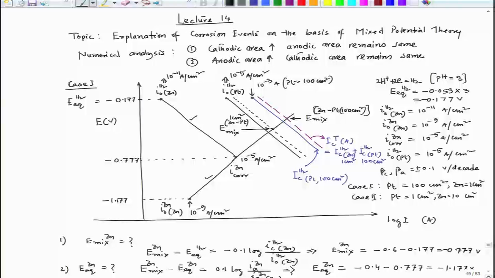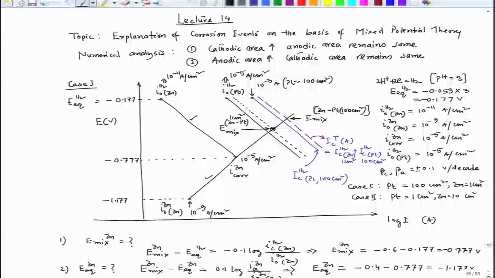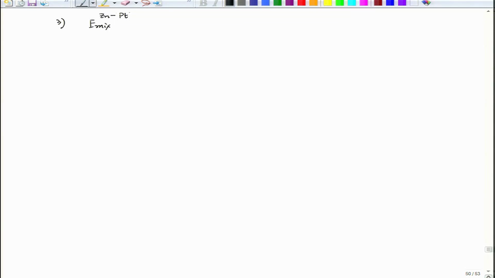Okay, so now let us find out this point. If I need to find out E mix zinc platinum when it is 1 centimeter square, we have to solve two equations.